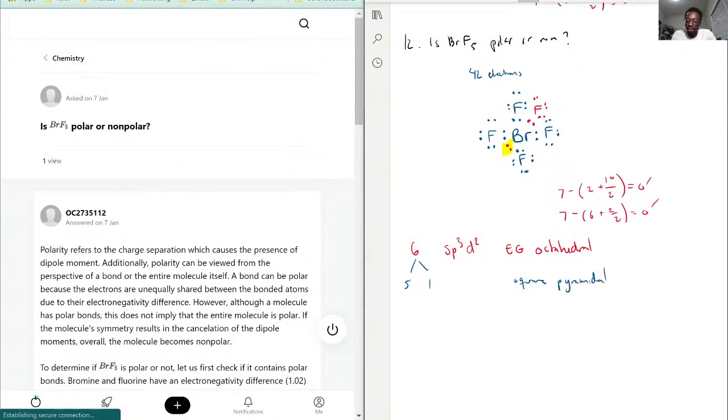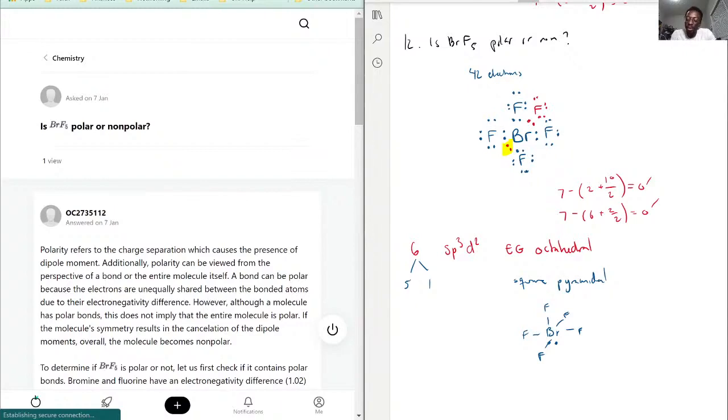If you redraw it, you put bromine, you put the lone pair at the bottom, and then you have a square on a plane. The lone pair is under the plane. You have all the fluorines right there, and the last fluorine sticks out above the plane.